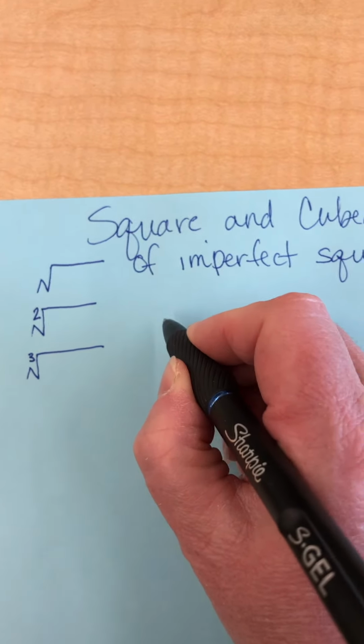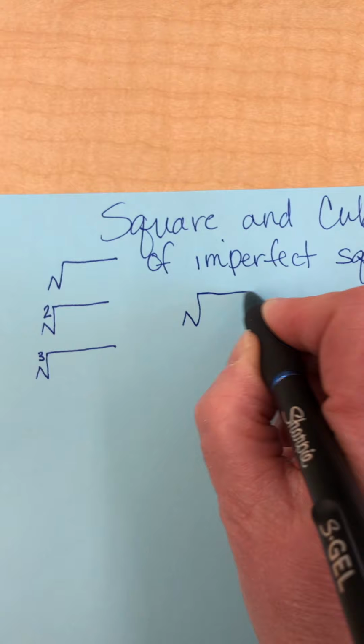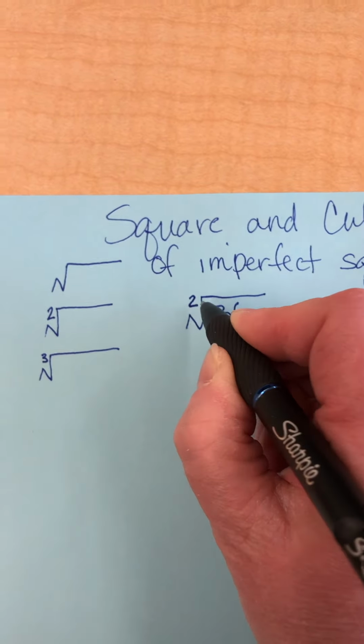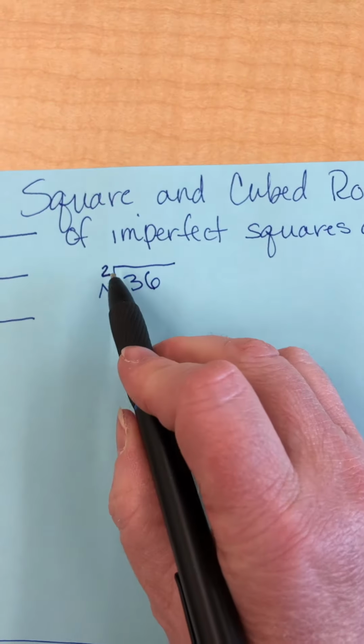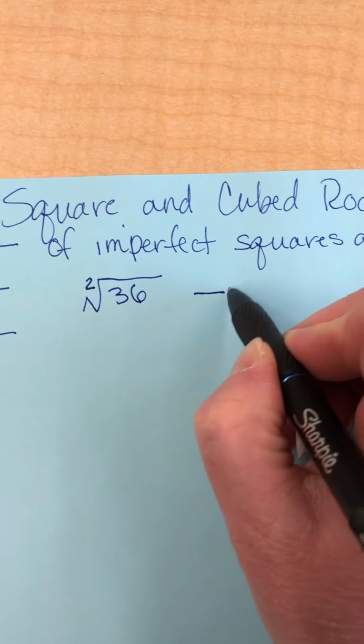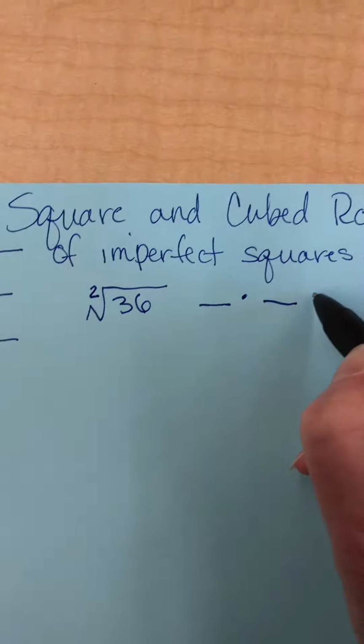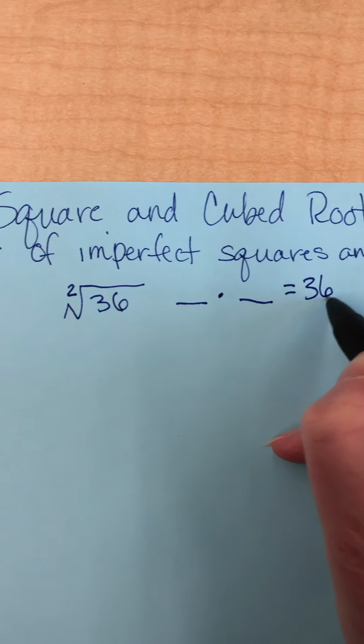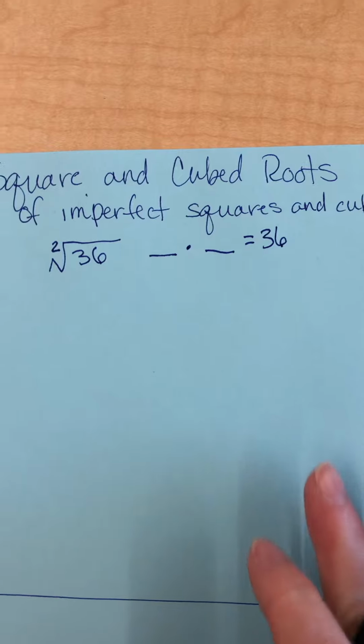Okay, so if I am looking for the square root of 36, and I'll put a 2 there so you know you're doing 2. So your exponent is 2, so we're looking at something times something, and something times itself is 36. So you're looking for the same number.